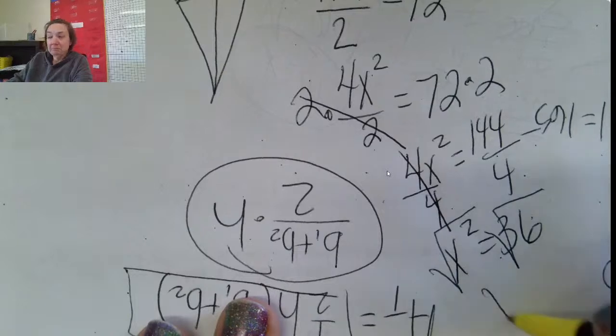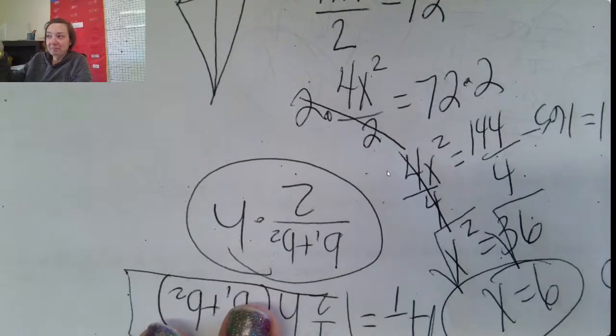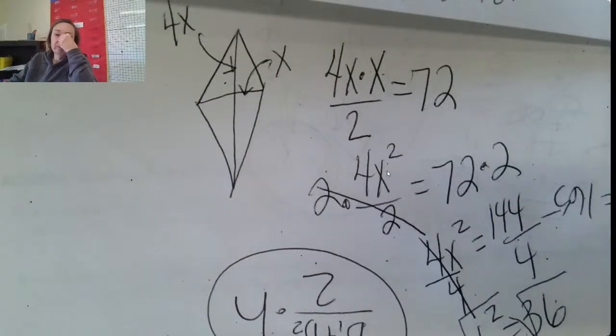x equals 6. That's it. x equals 6. 6 and 24. Yeah.